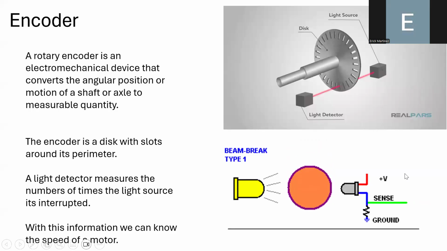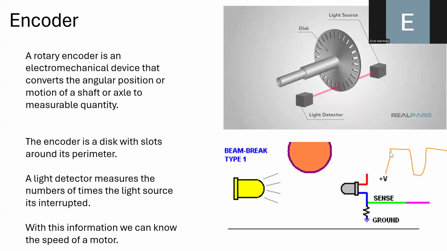At the end, we are producing a square signal, and we can use that square signal to count the number of interruptions of the light source. That is associated with the number of holes that the disk has.